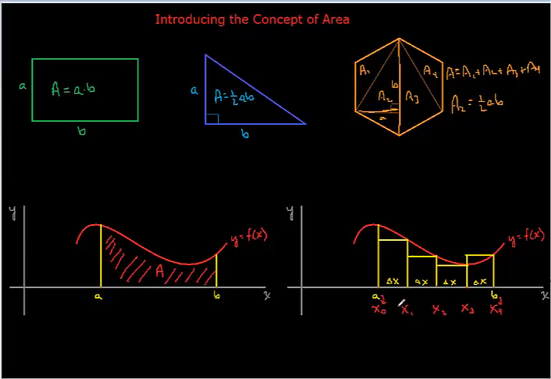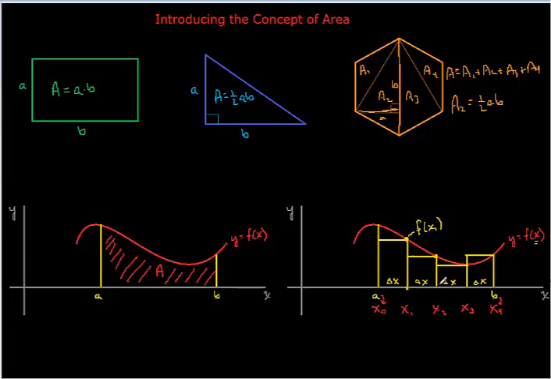But here, now the heights of each rectangle, the x value is x1 here, the height going up to the curve. Anything on the curve, you just plug in the x value, and you get the y value. The y value gives you the height of the rectangle. So in this case, the height is f of x1.